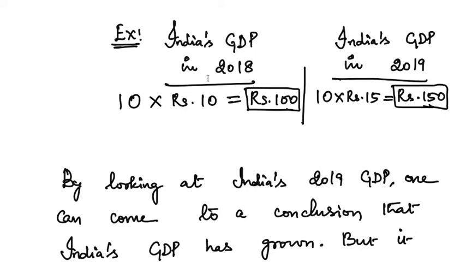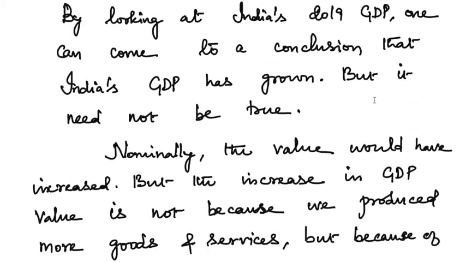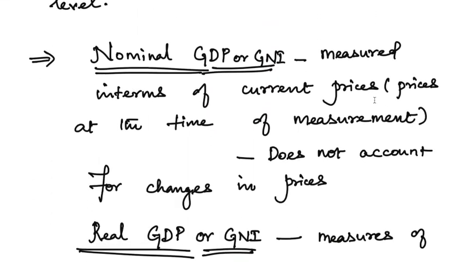Here we consider 2018 as the base year, and we use that year's price to calculate real GDP of India in 2019. So instead of 15, if we use 10 rupees, then we are calculating real GDP. Okay.